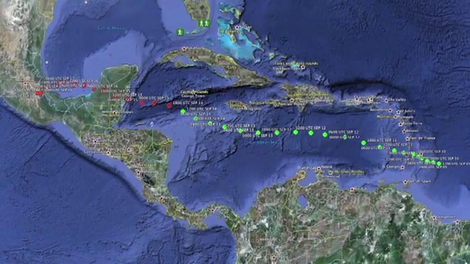We get these waves coming off Africa every 3 to 5 days, but only 1 in 10 will become a hurricane. Now, which one is it? That's the question. Generally between August 1st and let's say September the 15th, we might see 1 in 3 of these waves actually become hurricanes or a tropical storm.